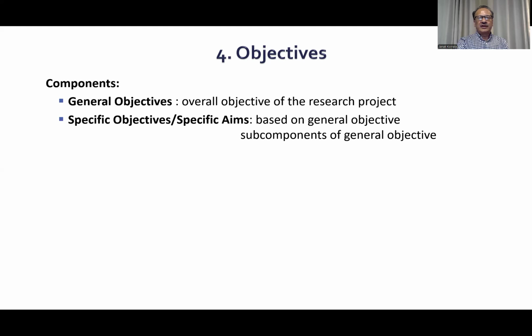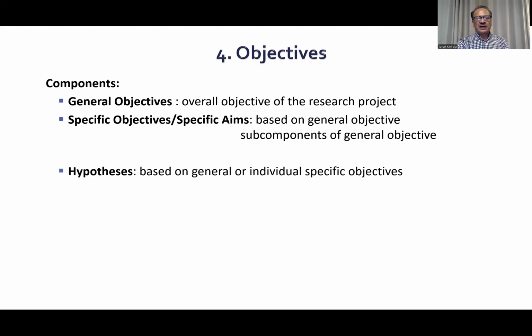So if you have an overall objective, then it can be broken down into a few subcomponents. And then hypothesis is based on the general or individual specific objectives. So a hypothesis can be formed for the whole general objective, but if it has several components, then each specific objective can have one hypothesis.